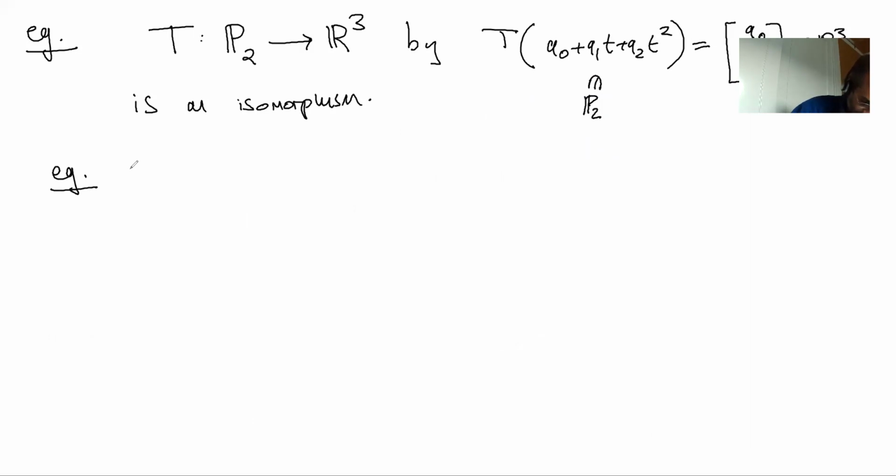Suppose I have this question: is this set of polynomials, 1, 1 minus 2t plus t squared, 1 plus 2t plus t squared, a subset of polynomials in P2? Is this linearly independent?